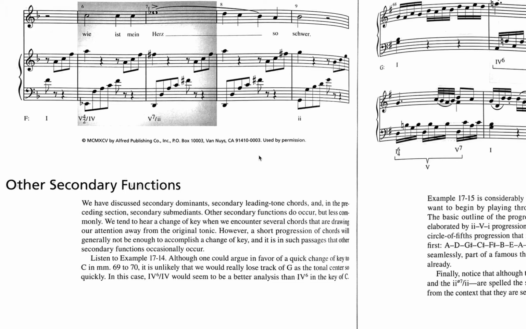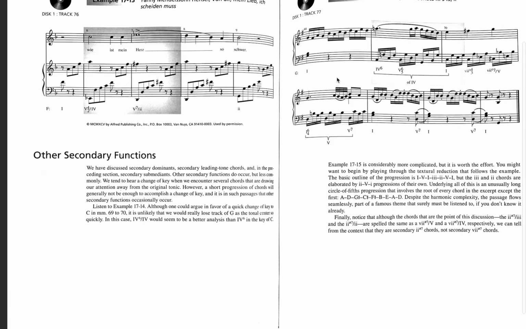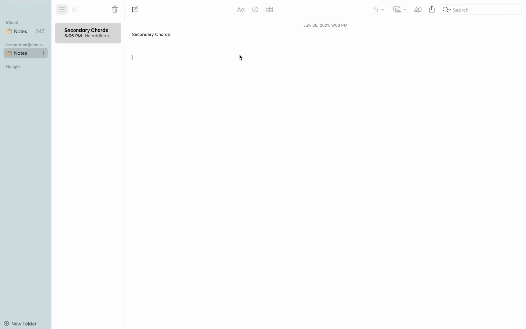Now on to other chords that are secondary chords as well, that you may find in the repertoire. So the main secondary chords that we talked about so far are the 5 or the 5/7 of someone, either 2, or 5 of 3, 5 of 4, 5 of 5, 5 of 6, and there's no 5 of 7.